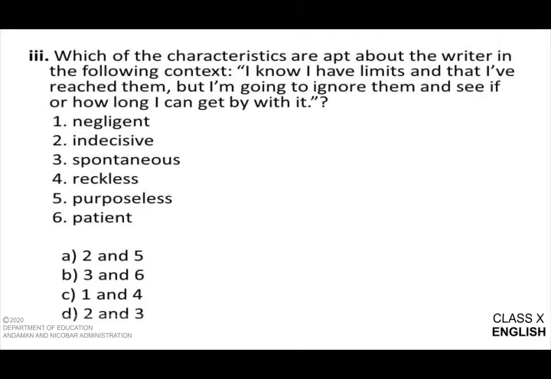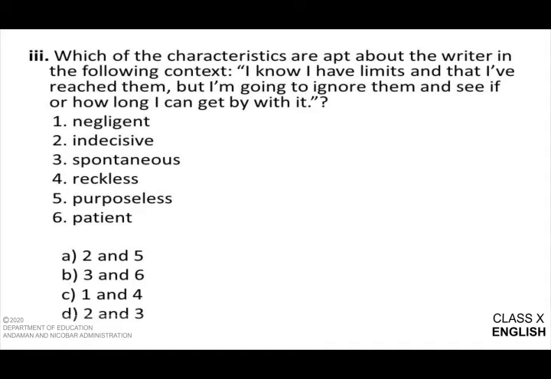Okay. So, now which quality of the writer is revealed through this particular reference to context. Let me read it for you once again. I know I have limits and that I have reached them, but I am going to ignore them and see if or how long can I get by with it. Okay. So, which are the options?